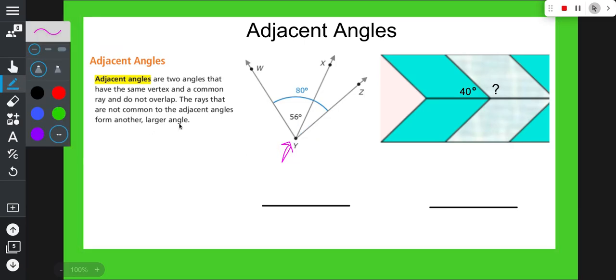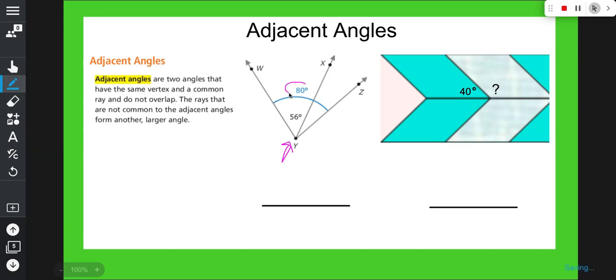So we can look at some pieces of information that we know. We know that the entire angle of both of them together is 80. We know that one side is 56, and we're trying to find out how much this missing angle is.